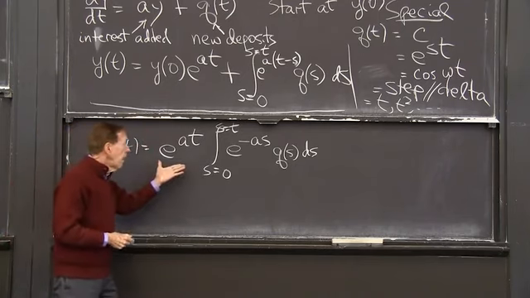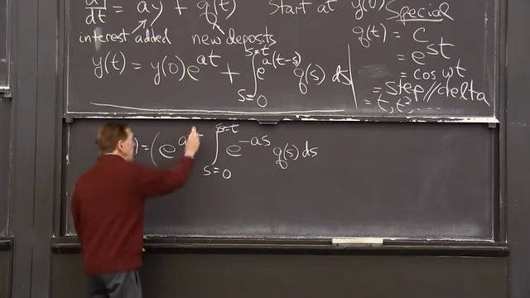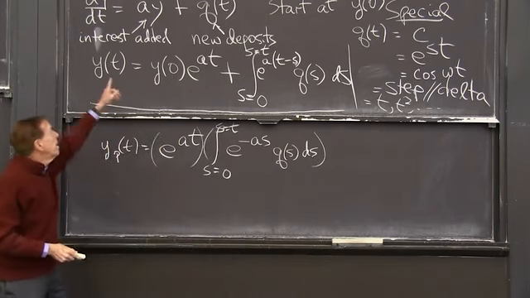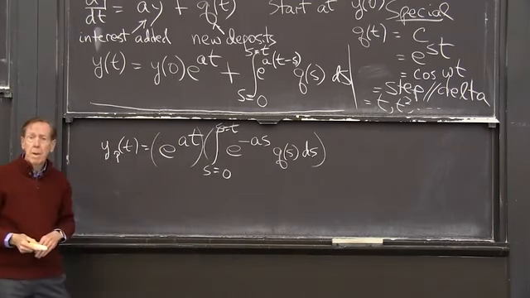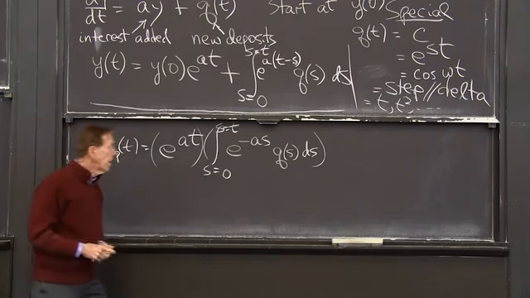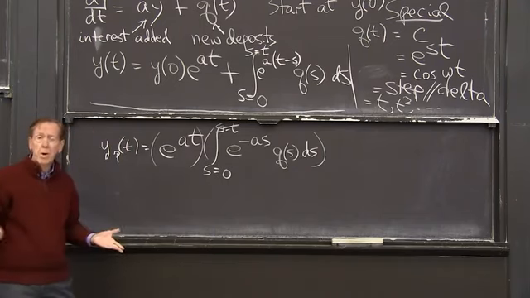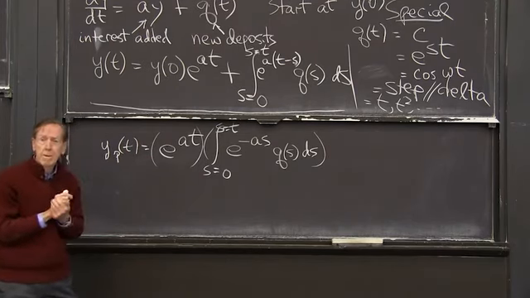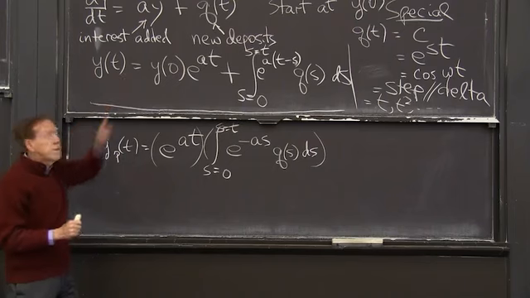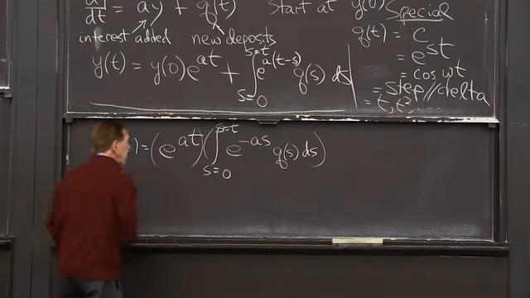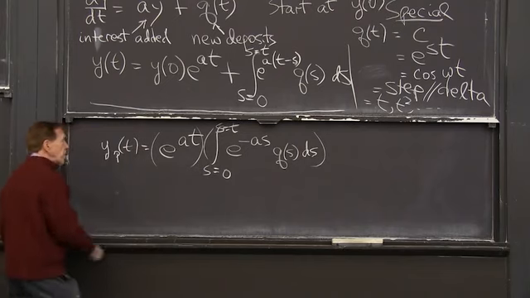This is a product of one term times another term. And when I put it into the differential equation, I'll use the product rule. So the derivative of that product will have two terms from the product rule. And those two terms will be, if all goes well, the two terms in the differential equation. So can I take the derivative of this by the product rule? I take the derivative of the first thing.